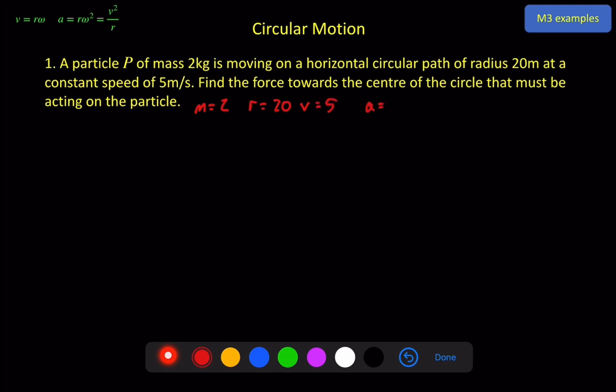The acceleration is, in this case, we're going to use v squared over r, 25 over 20, 5 over 4 meters per second squared, and then F equals ma. M is 2, a is 5 over 4, and that gives me 5 over 2, or 2.5, and it's a force, so my units are newtons.